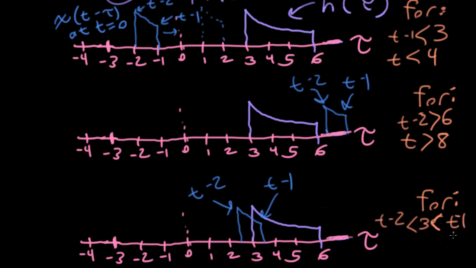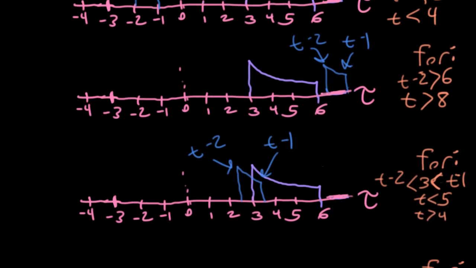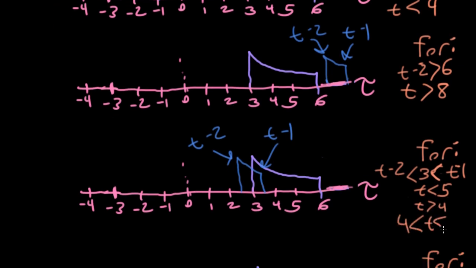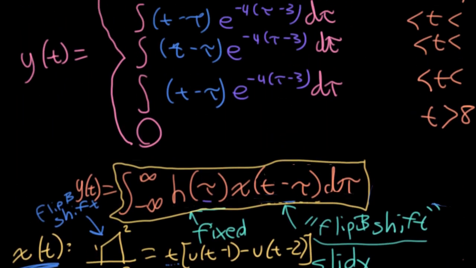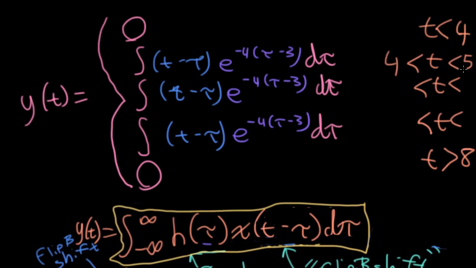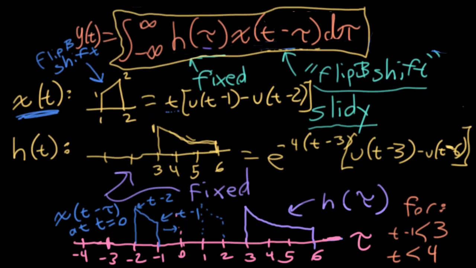If I solve for t in these 2 cases, then I wind up with t is less than 5 and t is greater than 4. In other words, t is between 4 and 5. So this is this partial overlap on the left stage. I can go up to our big case statement and now write in 4 and 5.